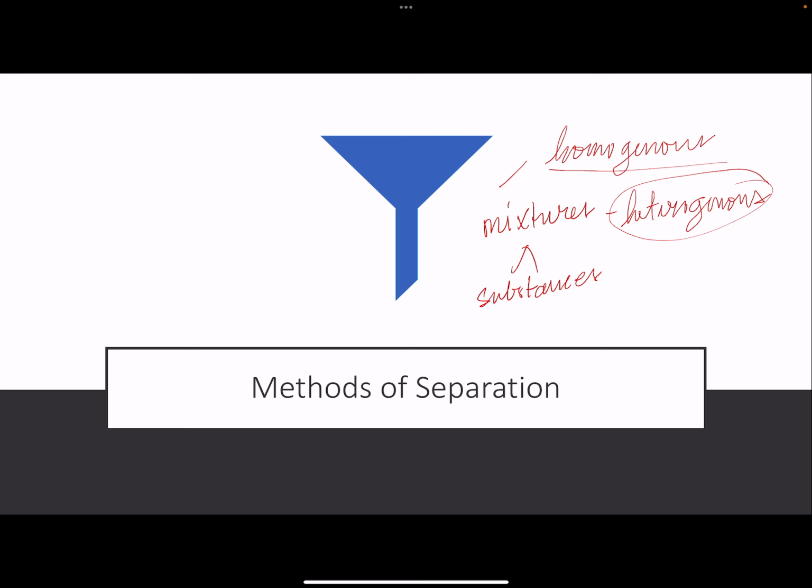So homogeneous mixtures, we could consider solutions. Solutions can contain many different types of substances, but they are again indistinguishable from each other. For example, what we drink, coffee, or sometimes Milo or milk or chocolate drinks. Whereas heterogeneous mixtures are mixtures of substances that are clearly separate from each other, although they are together.